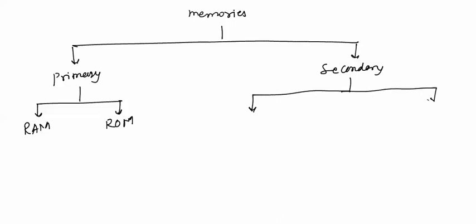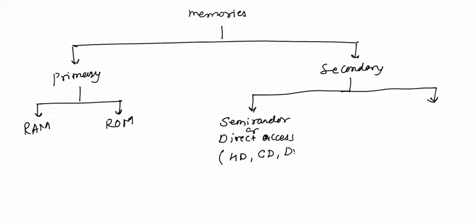Secondary memory, like we use in daily life, is one type semi-random or direct access, for example hard disk, CD drive, CD, DVD. These are types of secondary memory.